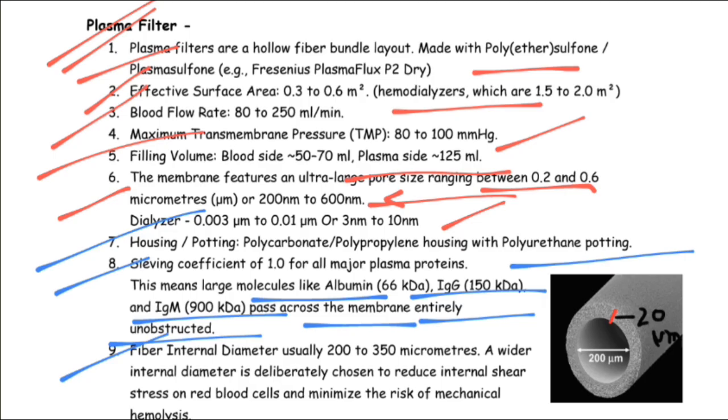Number 9, hollow fiber inner diameter is usually 200 to 350 micrometers, which we can see in this photo, where the inner diameter is written as 200 micrometers, and it can be 350 micrometers also, and the wall thickness is 20 to 50 micrometers. In this photo we can also see that.